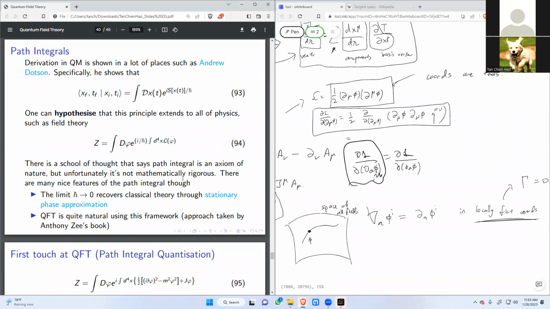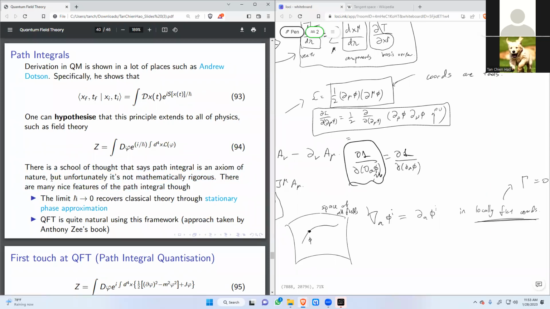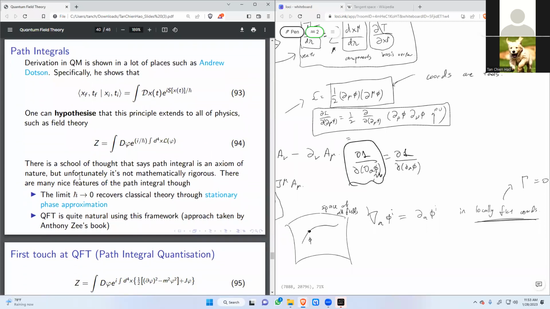So I think there's a school of thought that says that the path integral is kind of the fundamental object. But quantum field theory is a developing field and it does not have a definition.